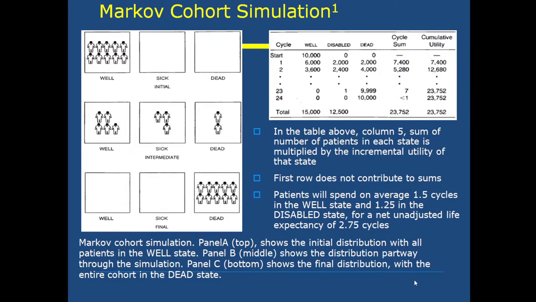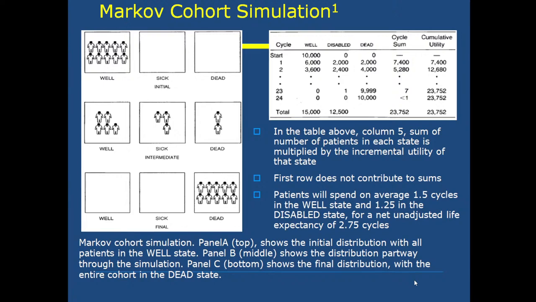At this slide, you see an example of Markov cohort simulation. In the table above, we have some columns, and column 5 concludes sum of number of patients in each state multiplied by the incremental utility of this state.